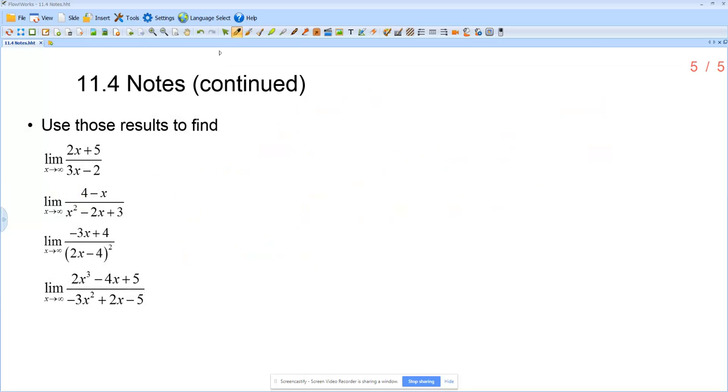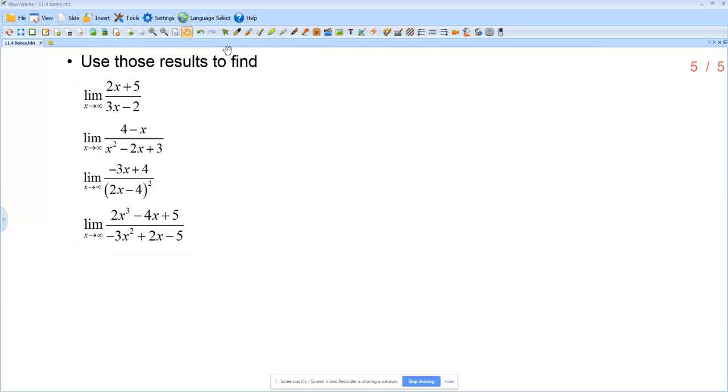So let's get into these examples and see how we do these. Earlier, way back when, you don't remember it because it's pre-calc and we forgot everything, back in chapter like 2-ish, we covered rational functions. And in rational functions, we said you can determine the horizontal asymptote of a rational function based off of the degree on top and bottom. So in this case, the degree is equal on top and bottom.